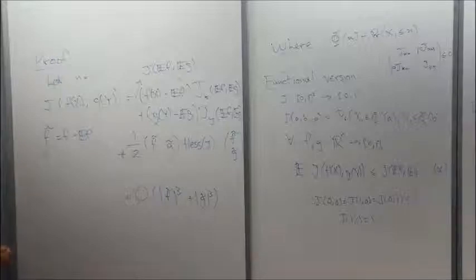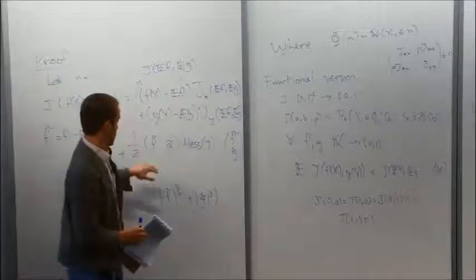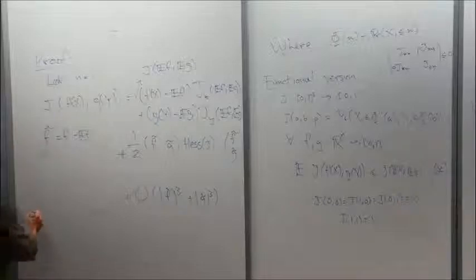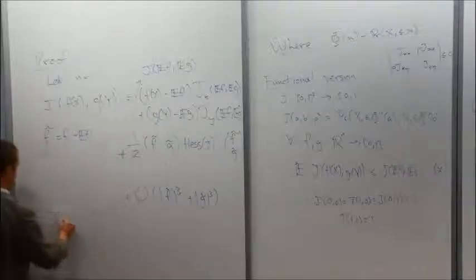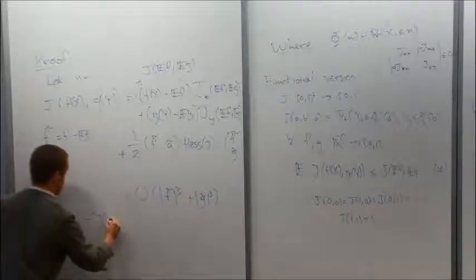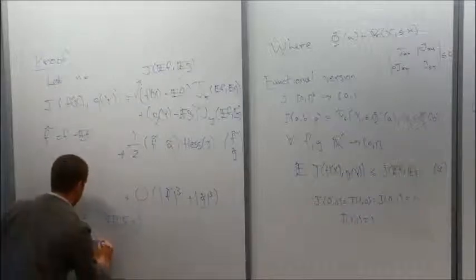Okay, so now I'm going to take expectation of both sides, and what happens is that the first order terms vanish. And let's see what happens to the second order term. So the expectation of J(f,g) is equal to J of the expectations plus the second order term.